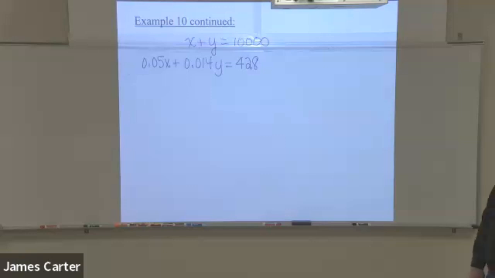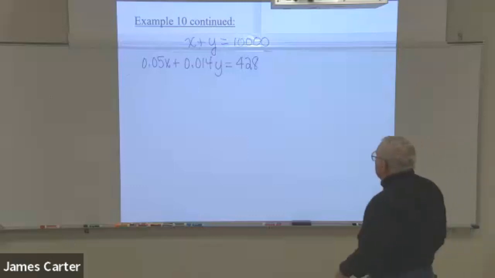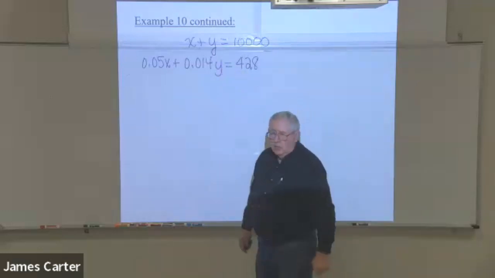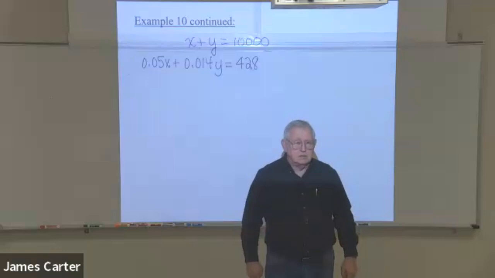On this one, instead of doing an elimination addition method, which I could, it'd be nasty, but I could, I'm going to use the other method that was in my video, called the substitution method. In the substitution method, what you do is you isolate a single variable in one of the two equations.